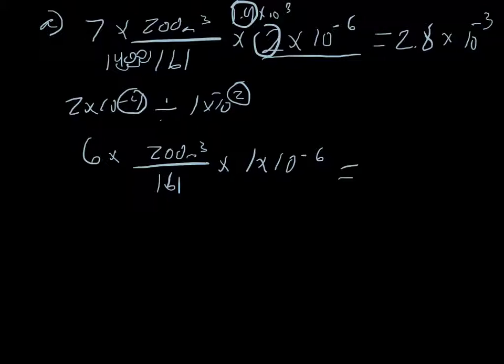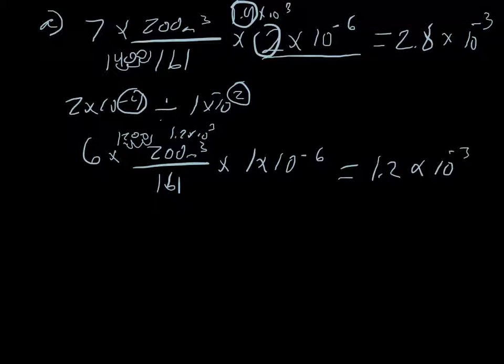So 6 times 2 is 12, and then add the 2 zeros, 1200. Change to scientific notation, 1, 2, 3. So it's 1.2 times 10 to the 3rd power. 1.2 times 10 to the 3rd power times 1 would be 1.2. Add the exponents, 3 plus a negative 6 would be negative 3.